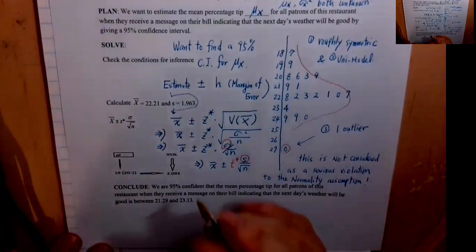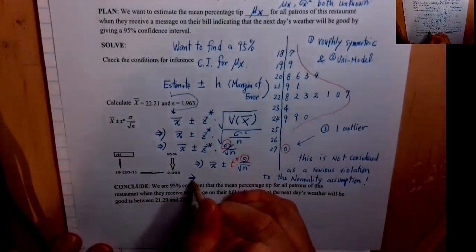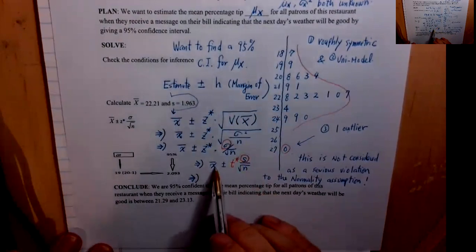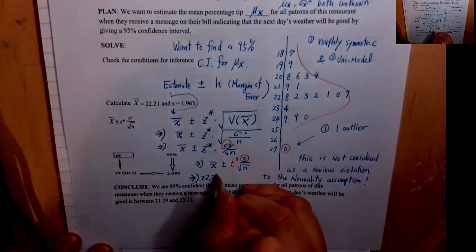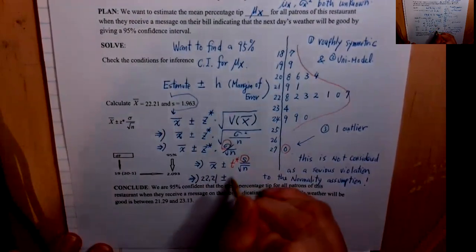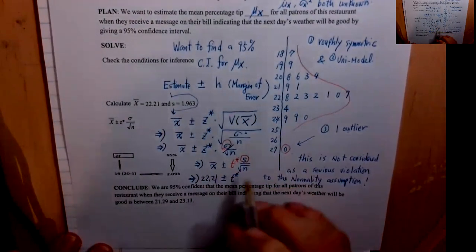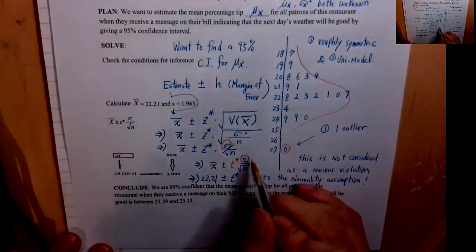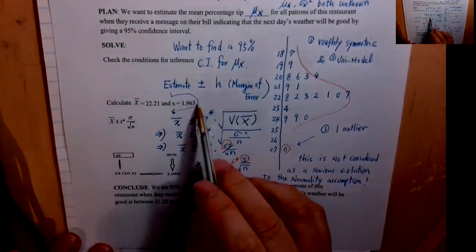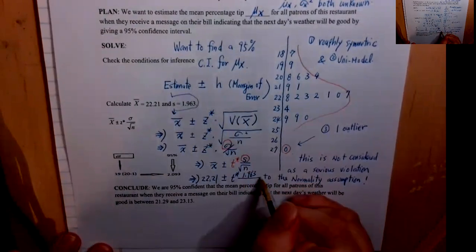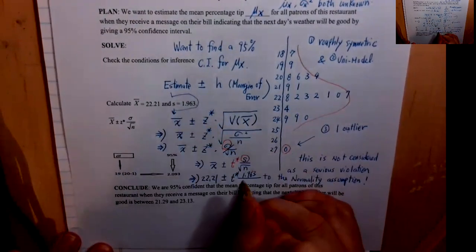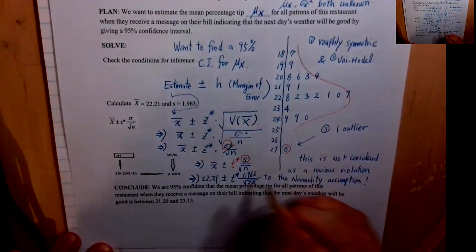So let's plug in the numbers. The observed value of x bar given here is 22.21 plus or minus the critical T value, which requires the T table, and S is given as 1.963, divided by square root n. Sample size is 20.